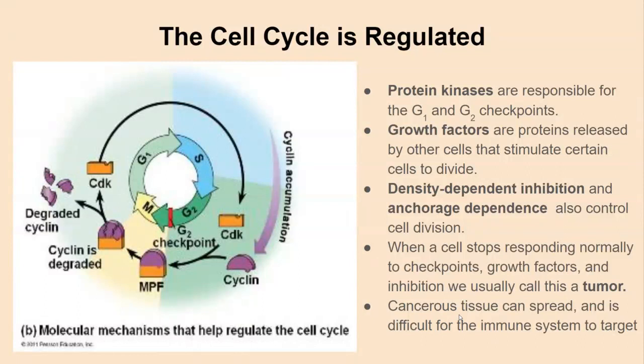Cancerous tissue generally is very resistant to density-dependent inhibition, and it also doesn't generally anchor to cells around it. And it's difficult for our immune system to target because these cancer cells are made from our own cells. So they look like our own cells.